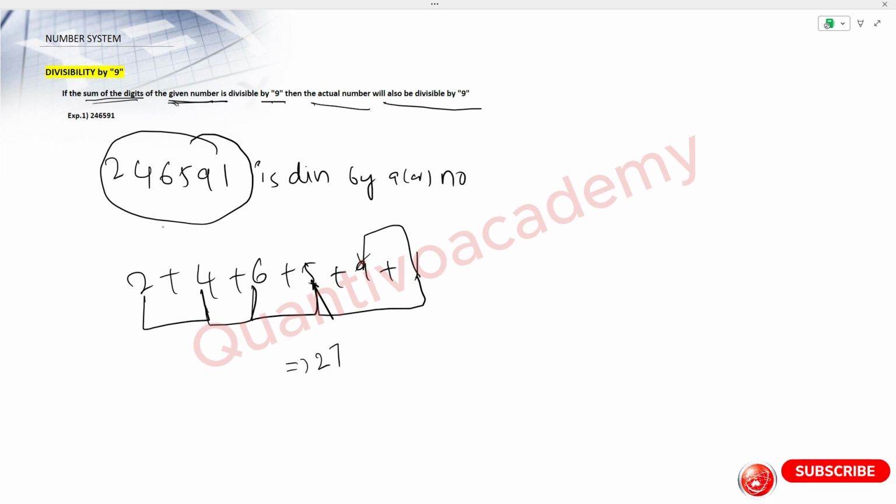So now we have to divide 27 by 9. 9 threes are 27. So the sum of the digits of the given number is exactly divisible by 9. So by this we can say that the given number is divisible by 9.